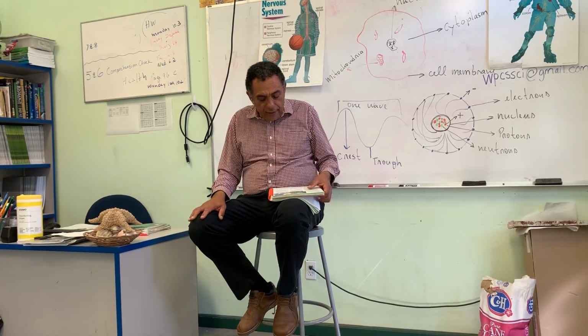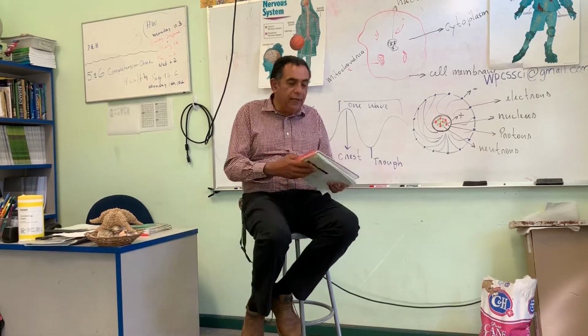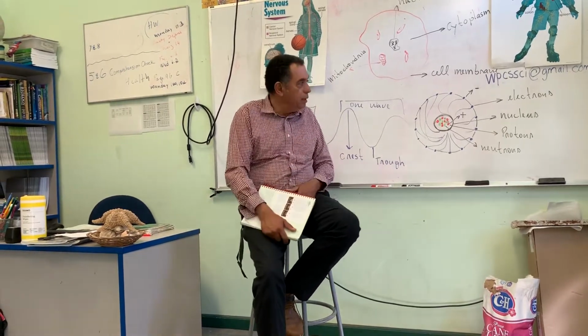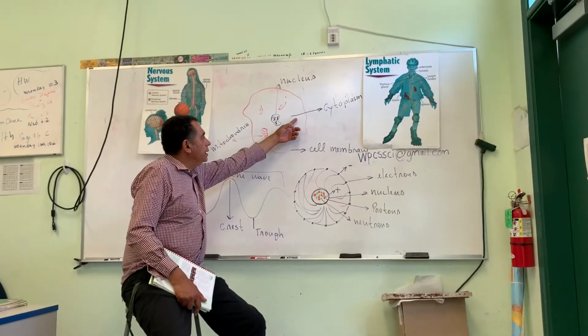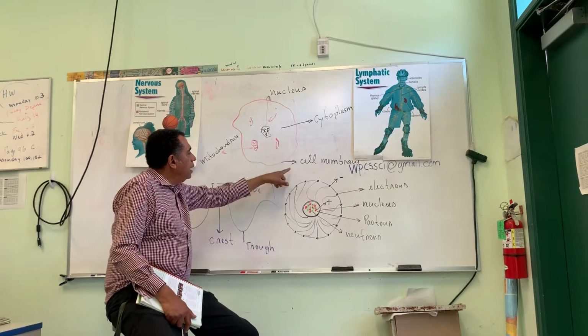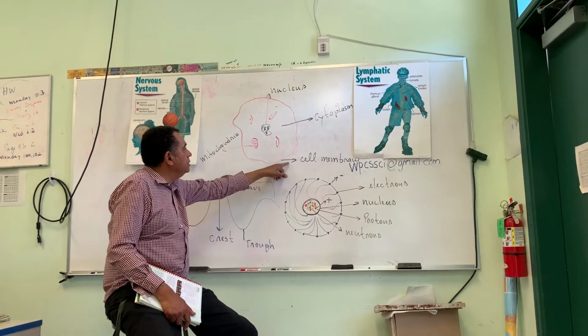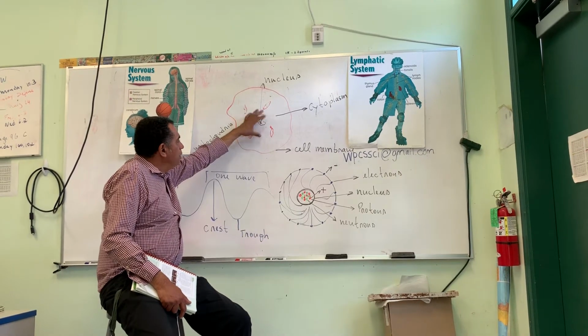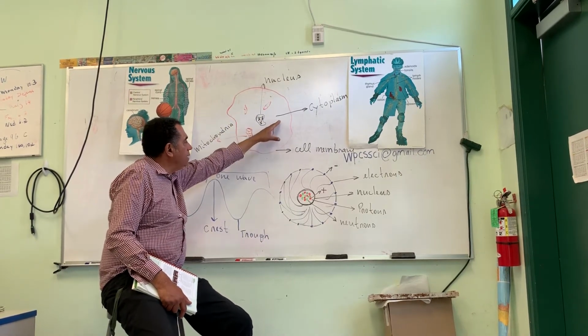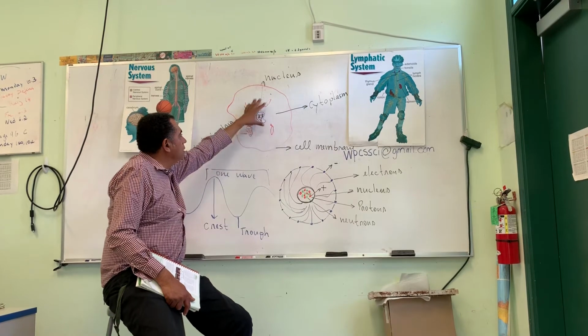But besides that, the cell is divided into three important parts that I drew here. Cytoplasm, okay, that's inside the cell. Outside is the cell membrane, and inside you have what? Nucleus. Besides the nucleus, you have the cytoplasm, where you have what?